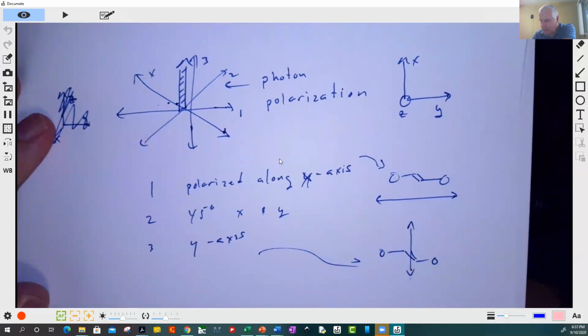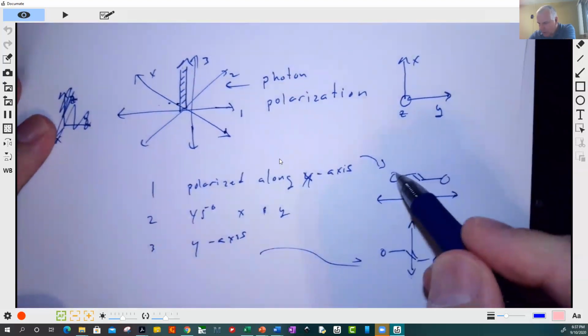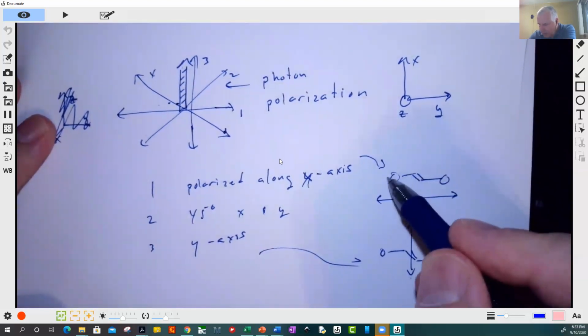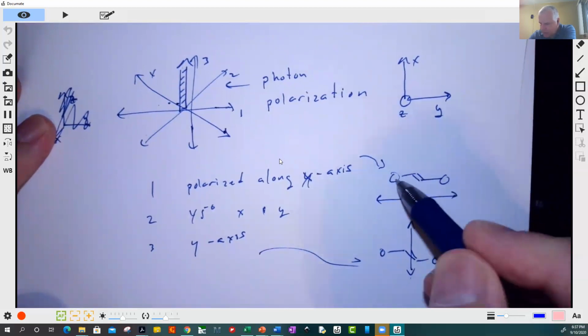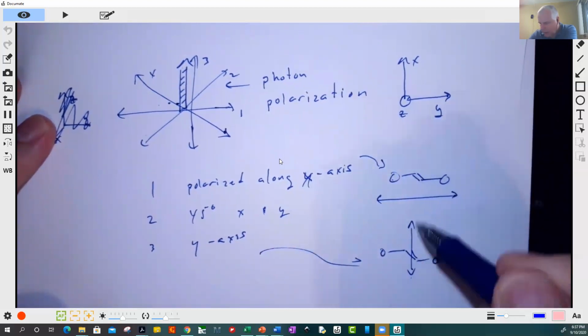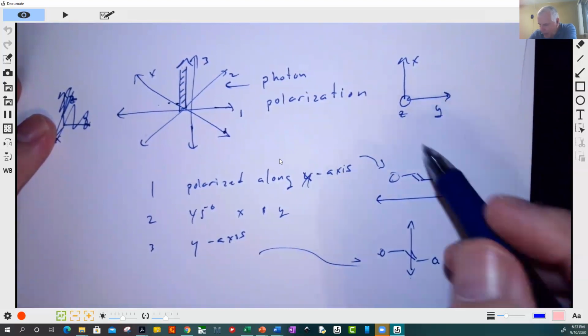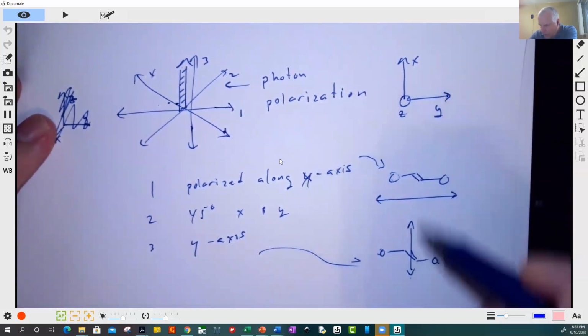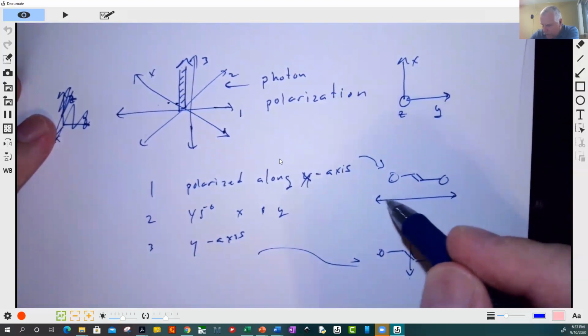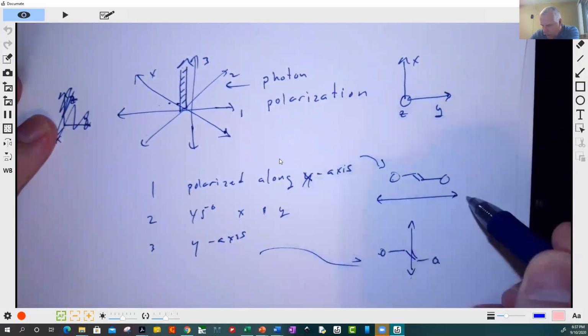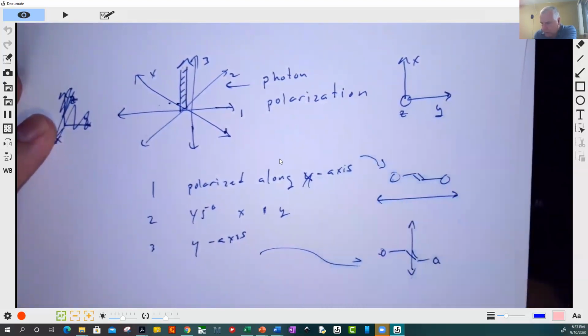So this is the molecule, right? This is the stilbazolium. And this is maybe the pyridine end, or this is the aniline end. It doesn't really matter which end is which, it's just whether or not the polarization is lying along the molecular axis or it's orthogonal to the molecular axis, right?